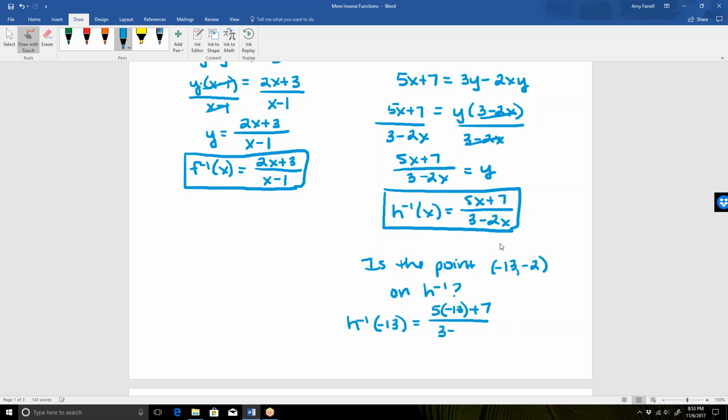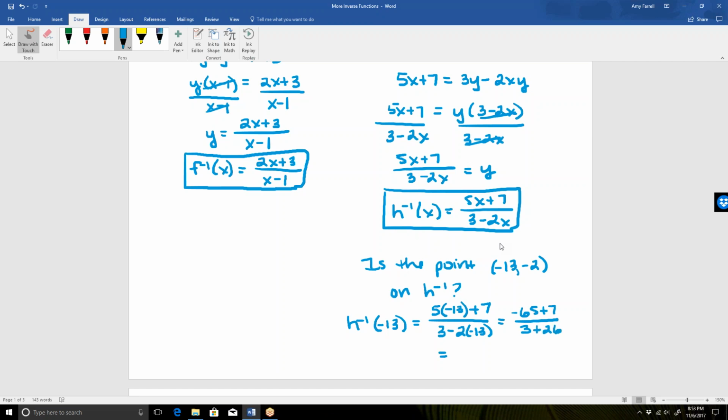All right, so we need to check this here. 5 times negative 13 would be negative 65, plus 7. In the denominator, 3 minus 2 times negative 13, so 3 minus negative 26, which is really 3 plus 26.